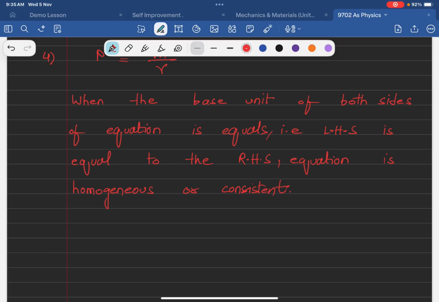That simply means that this equation is correct and this equation is homogeneous. So that is how we check the homogeneity of equation.